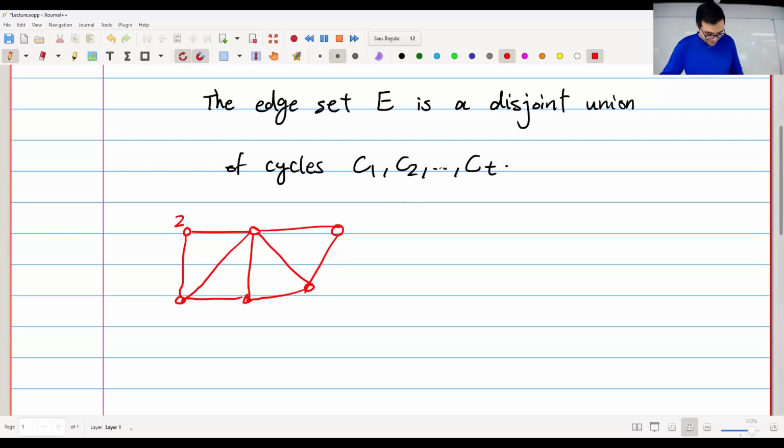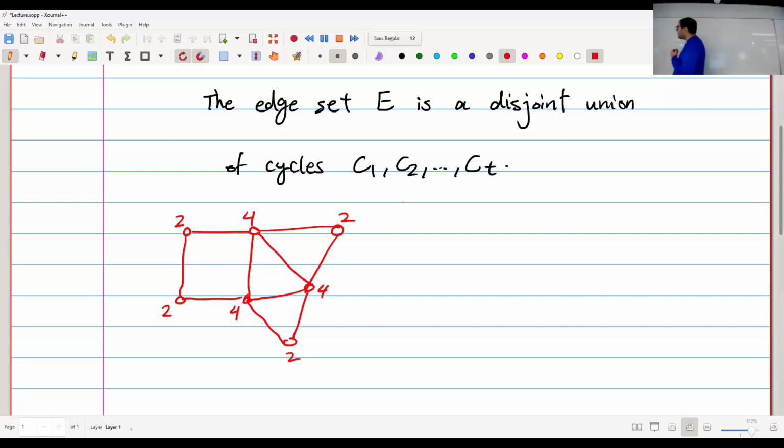Okay, it was already 4. That was good. This has degree 2. This one has degree 3, so I just connect it to somewhere else. It's too early in the morning. This one now has degree 3, so I connect it to somewhere else. So this one now has degree 4, this one has degree 2, this one has degree 2.